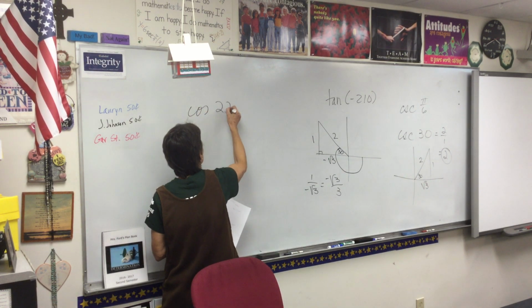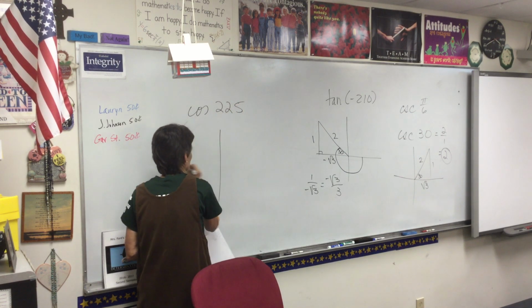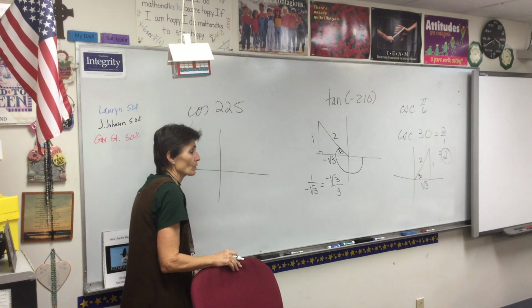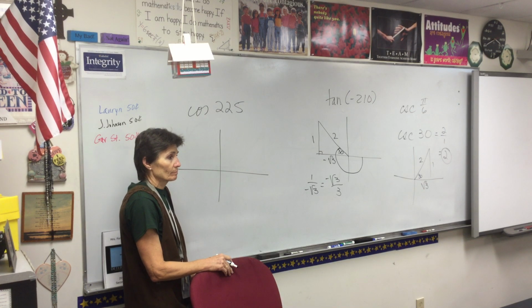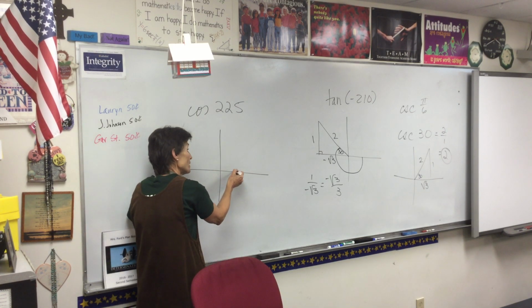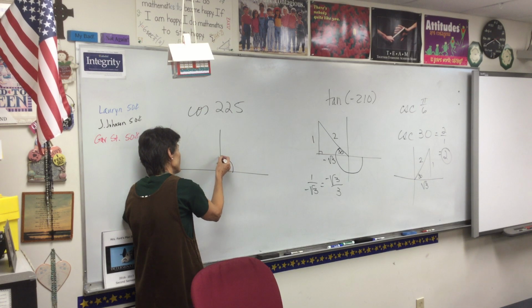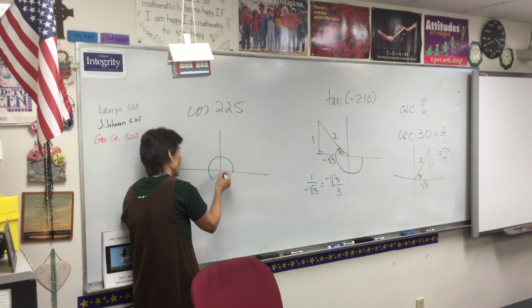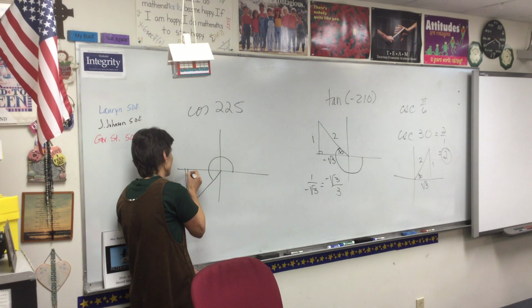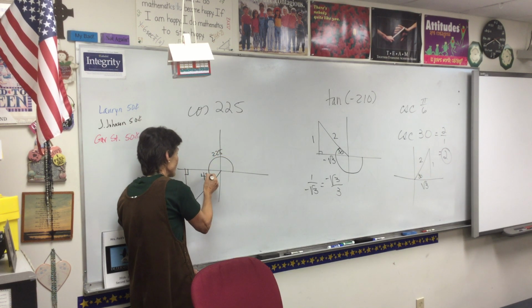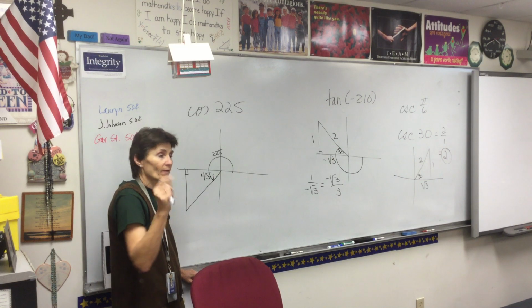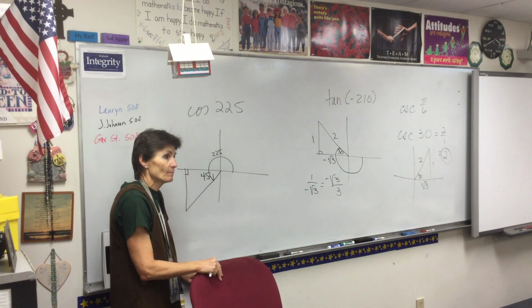Cosine 225. Where is 225? Quadrant 3. Start here. Go up and around. Here's 180. You gotta go past 180, right? So this angle is 225. That's going to be a 45 because 225 minus 180.